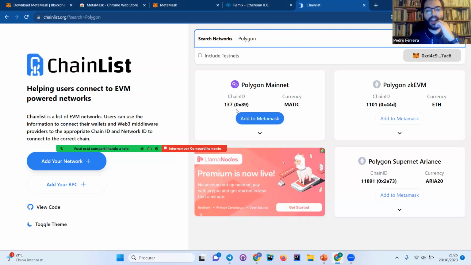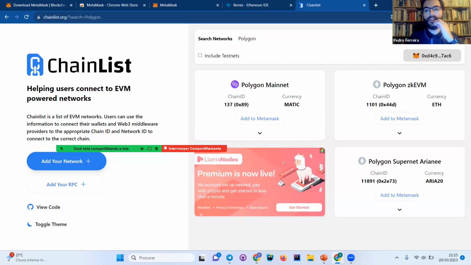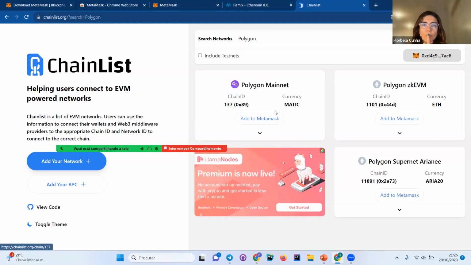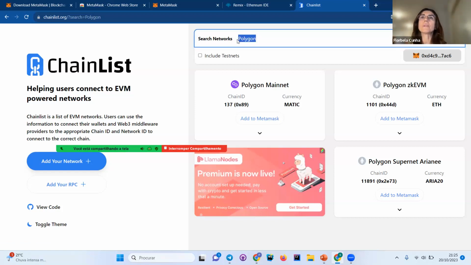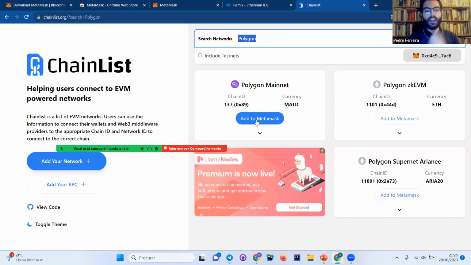And then add to MetaMask. And then it will show you an approval in MetaMask to add Polygon. Can you show with... Yeah, Polygon, and then connect wallet. Yeah, connect wallet and then click again to add to MetaMask.